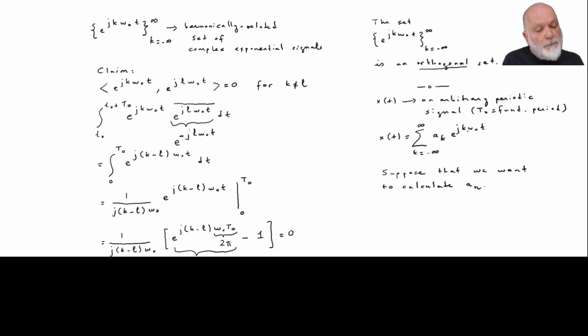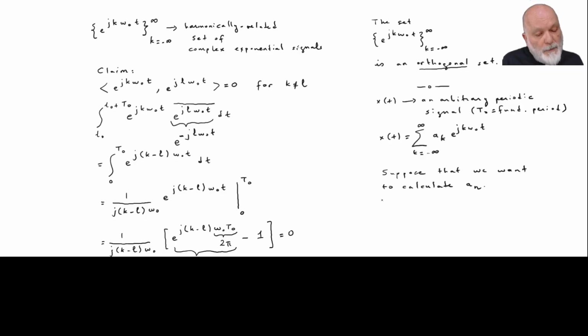Therefore, if I take the inner product of both sides with e to the j n omega 0 t, because I'm trying to evaluate the coefficient a n, I will be able to get rid of this series expansion containing infinitely many terms, and because of orthogonality, it will reduce to a result coming from only a single term.